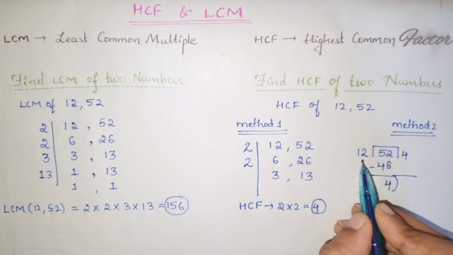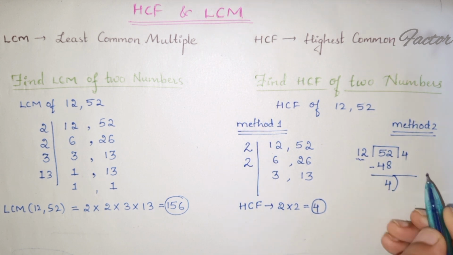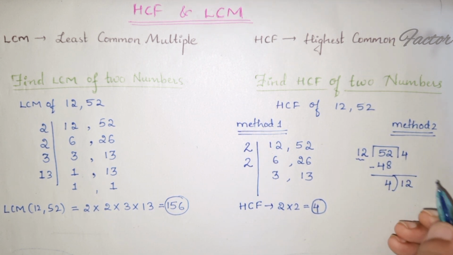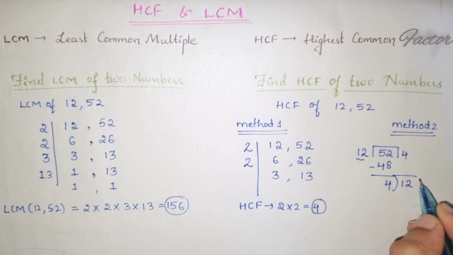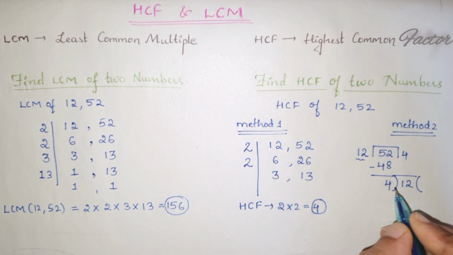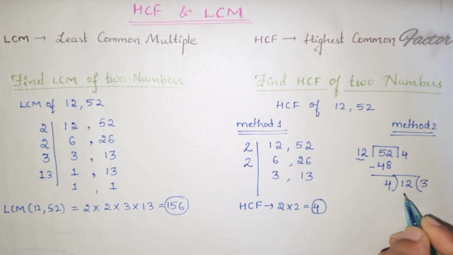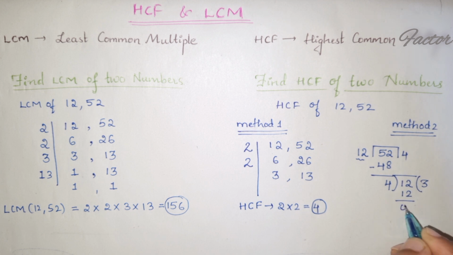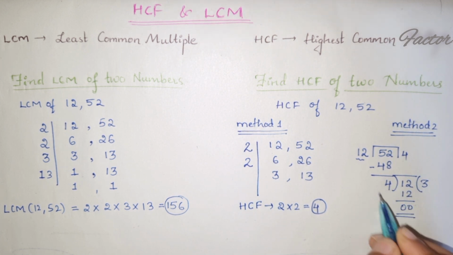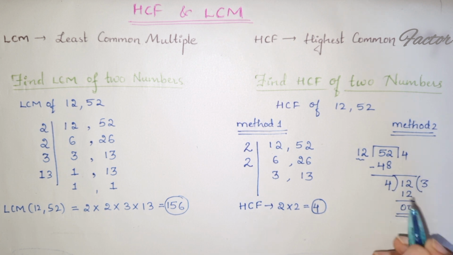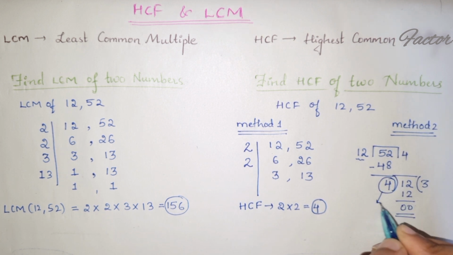Further we need to take the divisor, that is 12, as our dividend and do division again. 4 3s are 12. So now it is completely divisible. The last number using which we divided becomes our HCF. So this is our HCF.